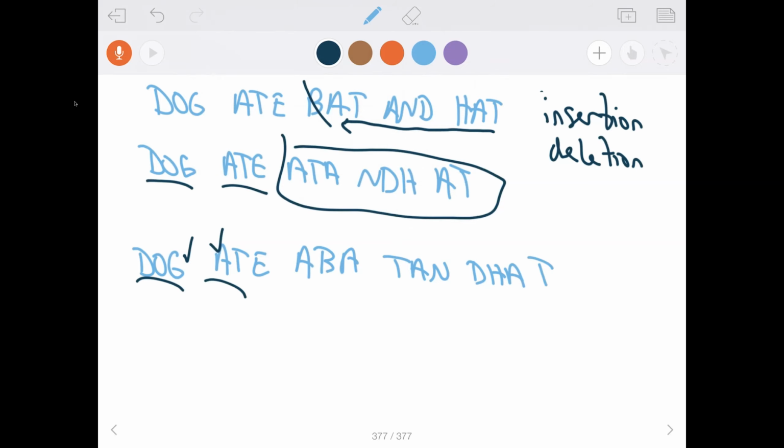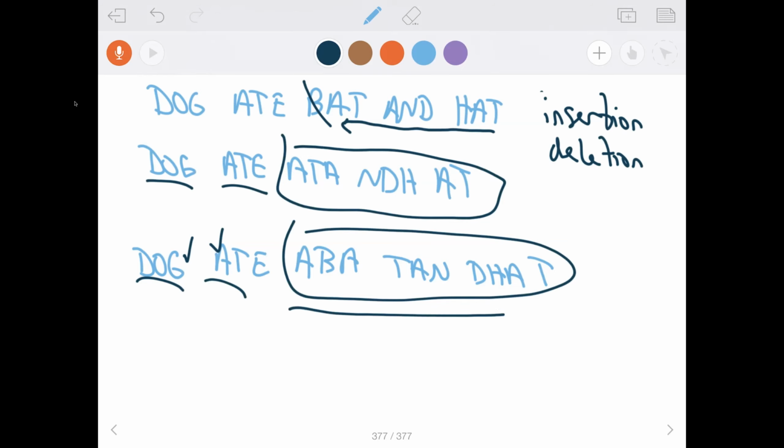But everything else after it shifted to the right because we inserted an extra nucleotide. Where in this one, we deleted one. And everything shifts, in this case, that way.